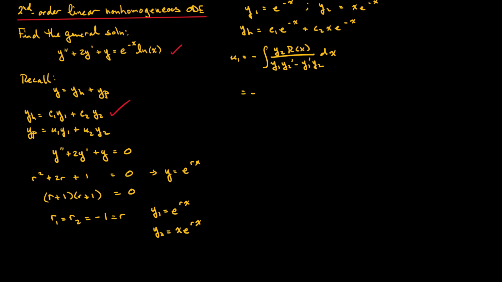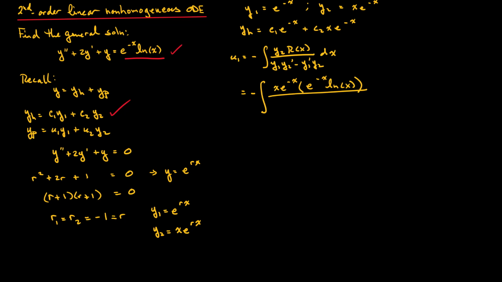So we have the negative of y2, which is given by x e to the negative x. Then we multiply this by r of x. Now r of x from our ODE is given by e to the negative x ln of x. We then divide this by the Wronskian of the two functions.